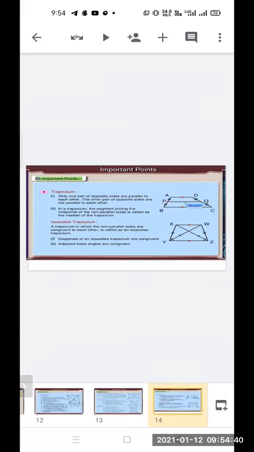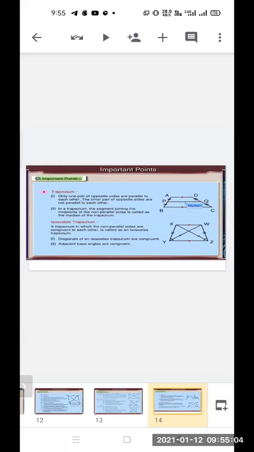After that we have studied the isosceles trapezium. Isosceles trapezium means what? A trapezium in which non-parallel sides are congruent. So if non-parallel sides are congruent, such a trapezium is called an isosceles trapezium. In an isosceles trapezium, diagonals are congruent. This is one important point you have to remember.